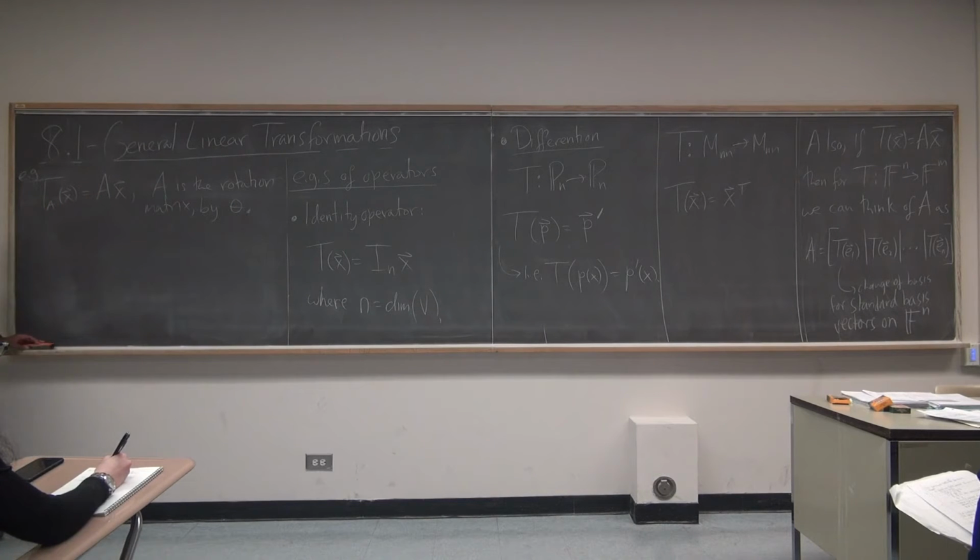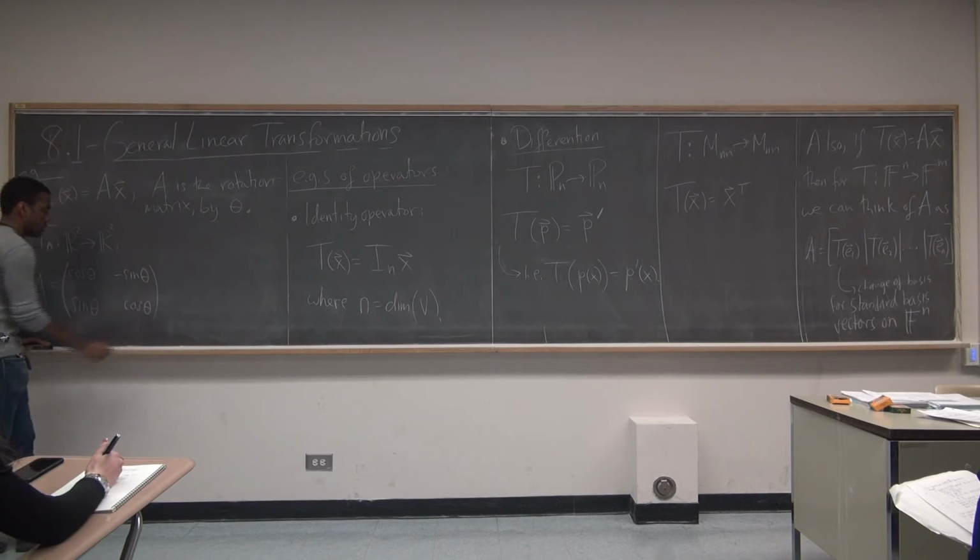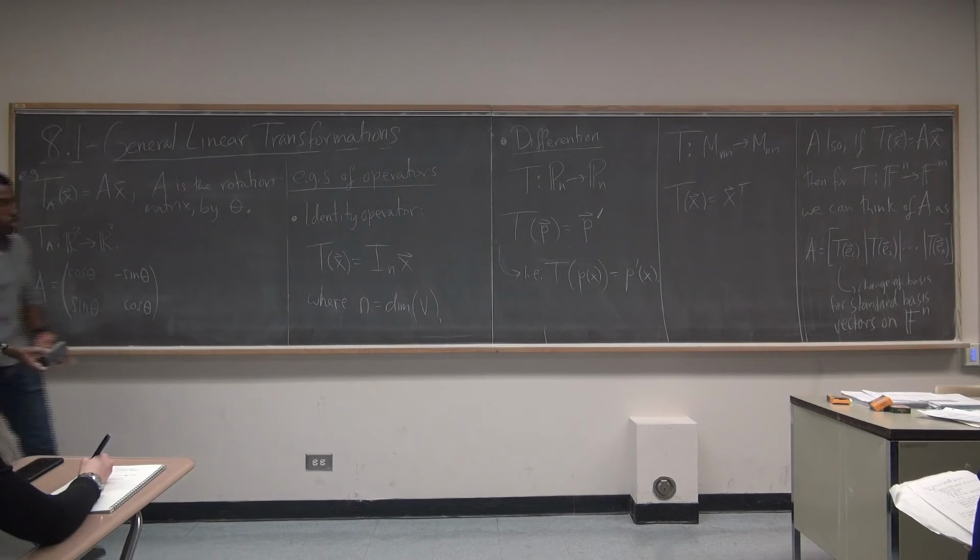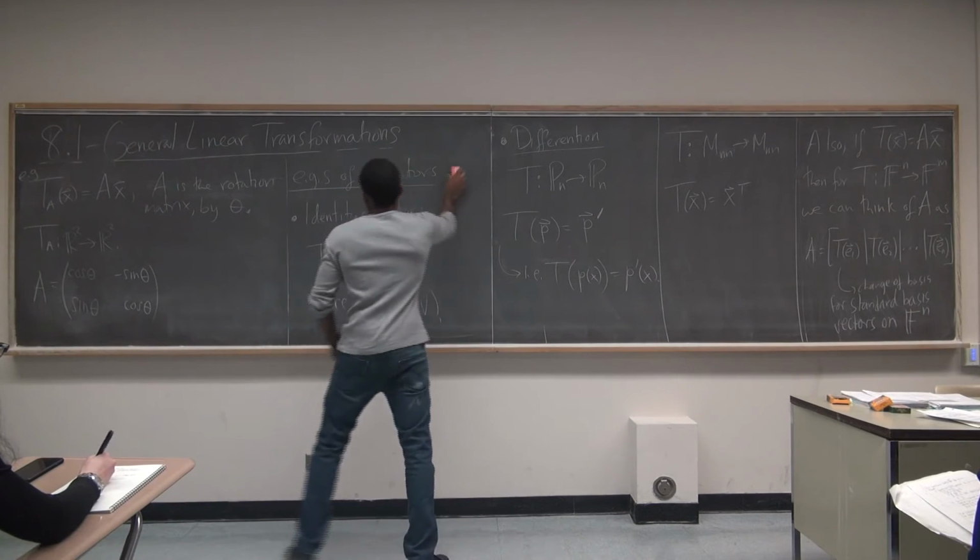And so if you wanted to go from R2 to R2, what was the standard rotation matrix for this? Cosine theta, minus sine theta in the first row, sine theta, cosine theta in the second. So say you forgot that. You can sort of use this idea to reconstruct it.